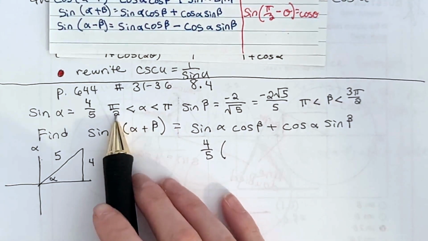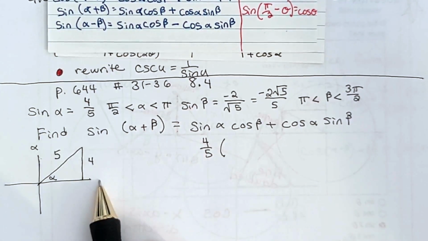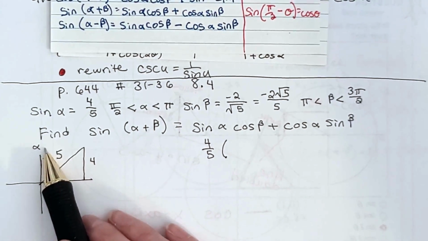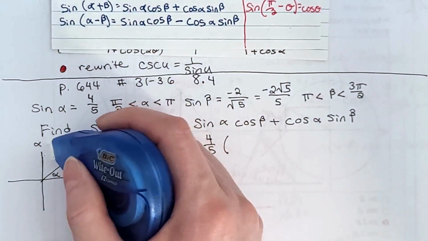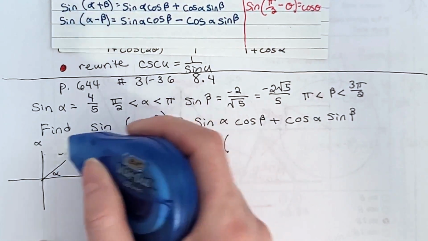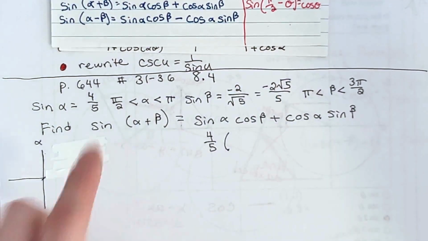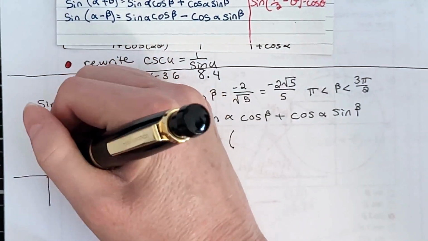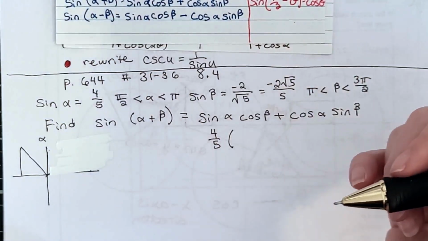Look, this says it's between pi/2 and pi. And where am I at? I'm between 0 and pi/2. So I already messed this up. I'm in the wrong quadrant. So that's why it's really important to read. All right, let's restart this in the correct quadrant. That's why they give you the quadrants of where they're in between. So make sure you don't do what I did and make sure you actually read where your quadrants are at.